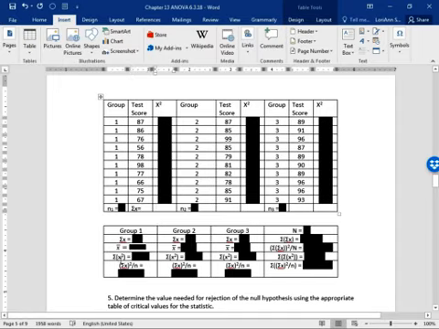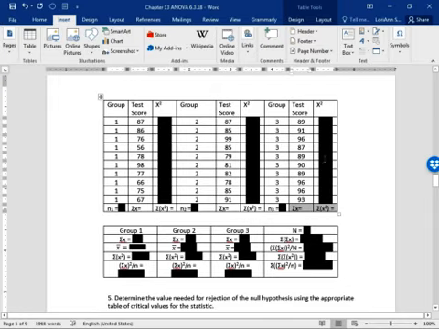And then this one is going to be the sum of X squared. The same thing is true for group 2 and group 3.